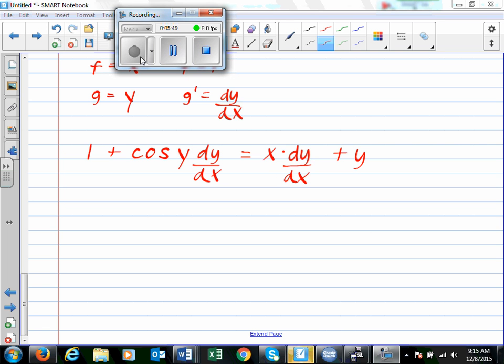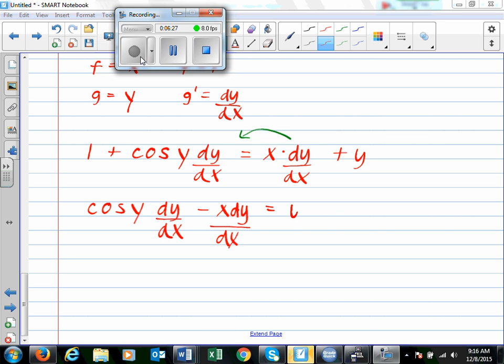So now where do you go from here? Yes, we subtract the 1, and then you have to factor out the dy over dx. So you bring the dy over dx to one side first, and the 1 to the other side. After that you divide.